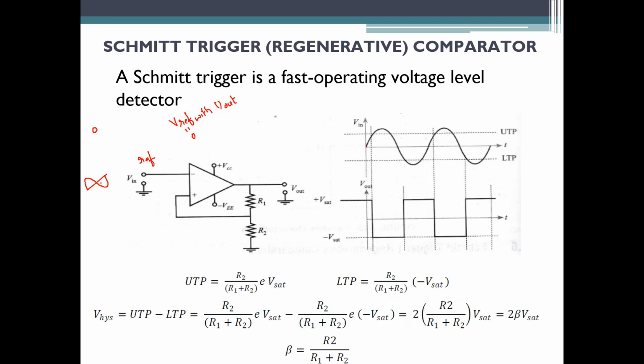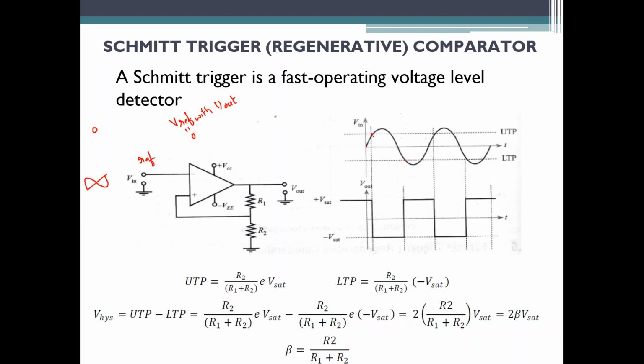Now, when you apply a sinusoidal voltage to the input, it gets compared with one more voltage. See here, this is your input voltage what you have applied. This is the positive peak of the reference voltage and this is the negative peak of the reference voltage. When the input voltage crosses the positive peak, the output of this Schmitt trigger circuit will go to minus V saturation.